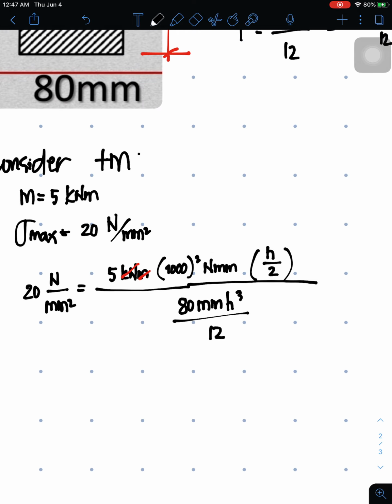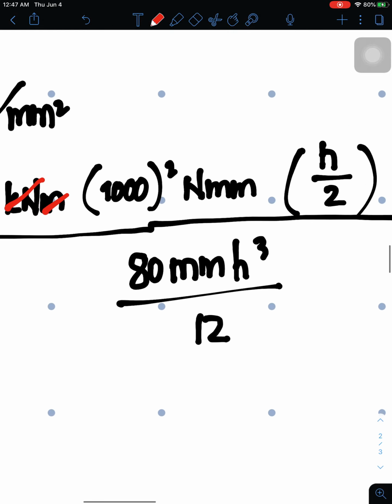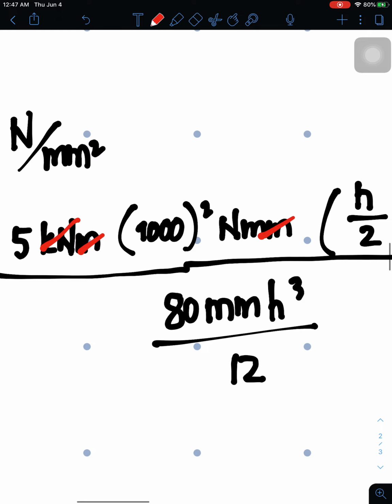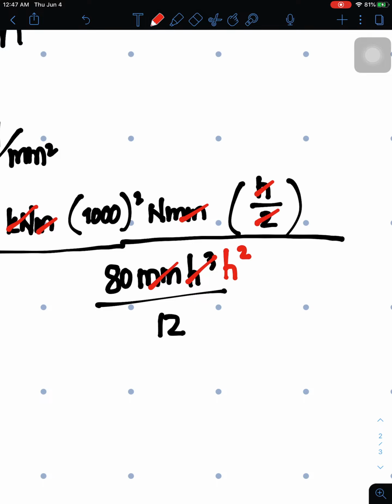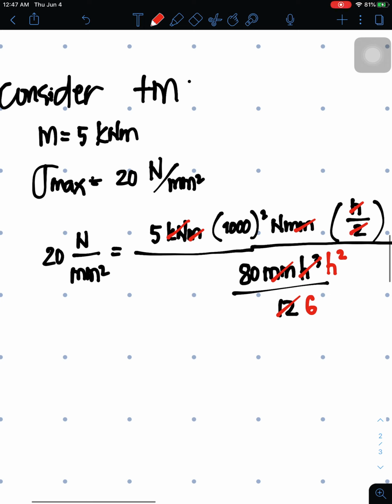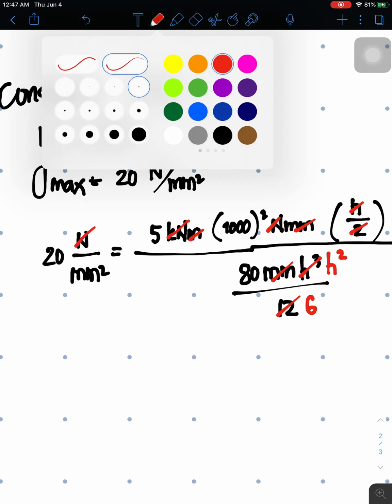So when we look at it, some terms will cancel out. The mm and another mm cancel out. H becomes H squared, and this 2 and 12 become 6. The newtons also cancel on each side. Let's rewrite it to see the transition.